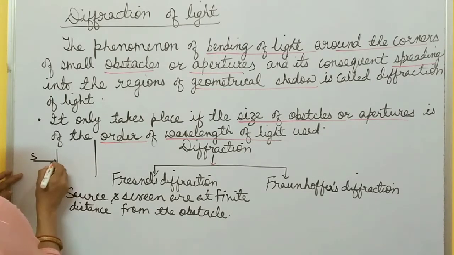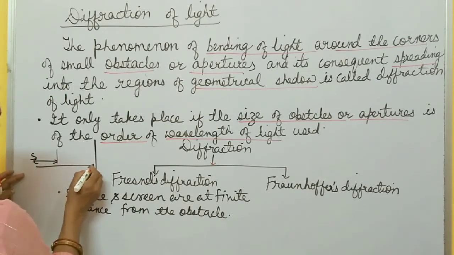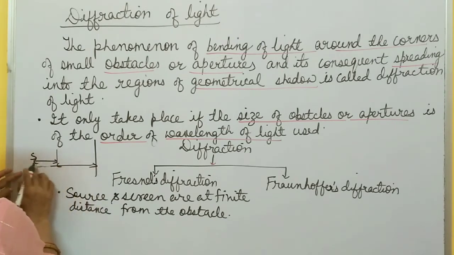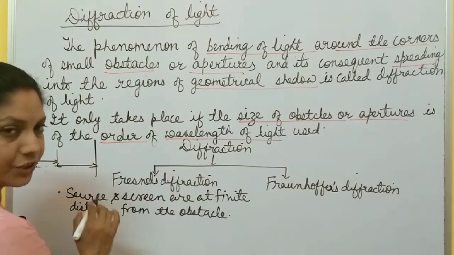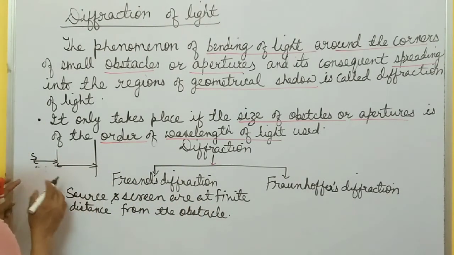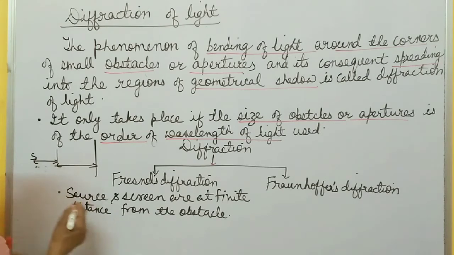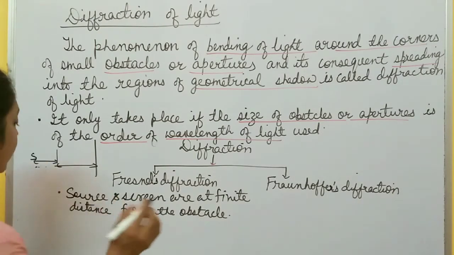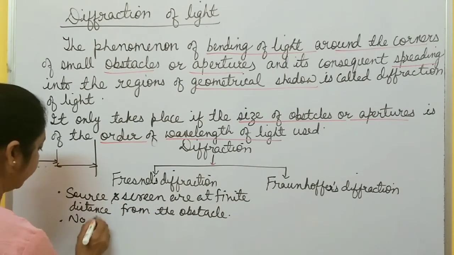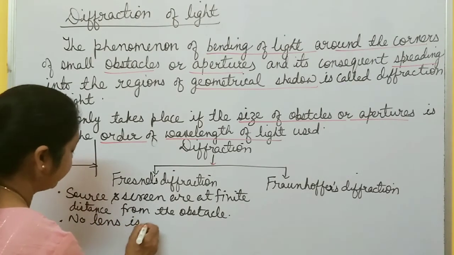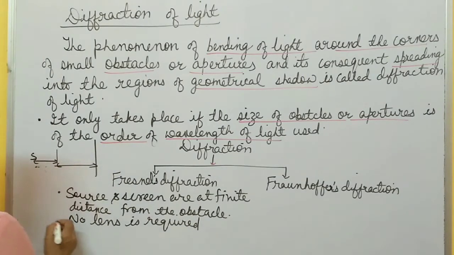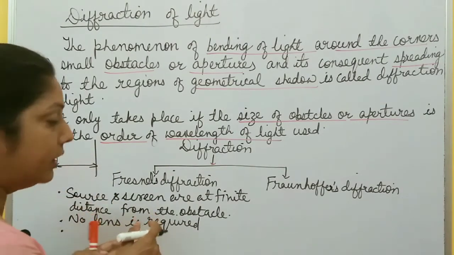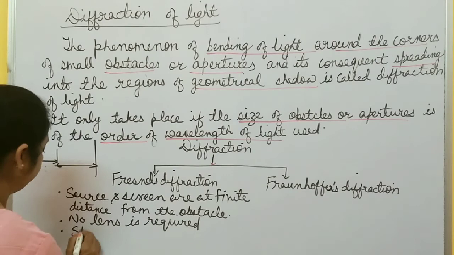If the distance between the source and obstacle, and the screen and obstacle, is very small, a finite distance, then Fresnel diffraction is observed. And if the distance from the obstacle is very small, then no lens is required to converge the rays. No lens is required, right? And one thing, if the distance is small, then in this case a spherical wavefront is used.